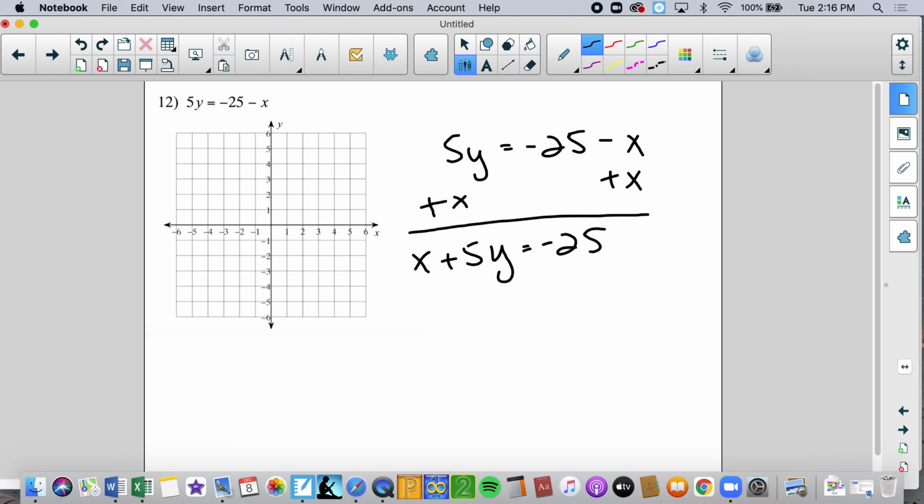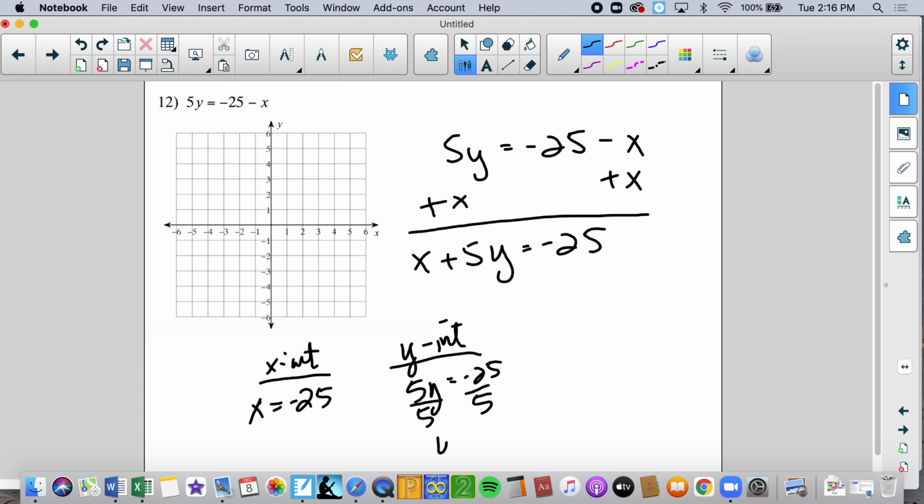So we can do our x-intercept. That x-intercept equation would be x equals -25, and my y-intercept, that would be 5y equals -25. Let's divide by 5, and we get y equals -5.